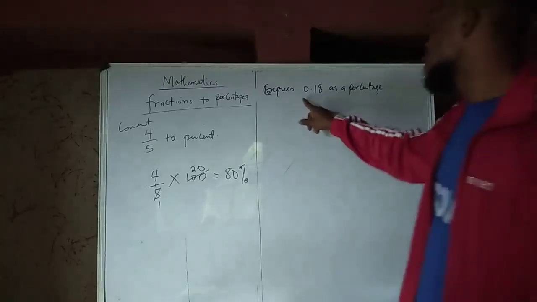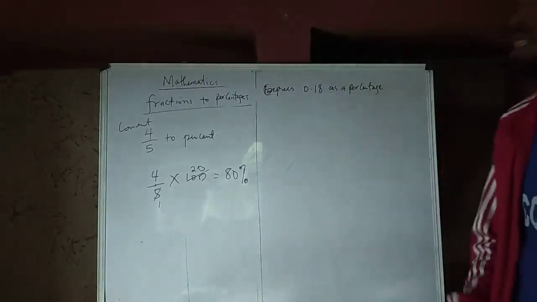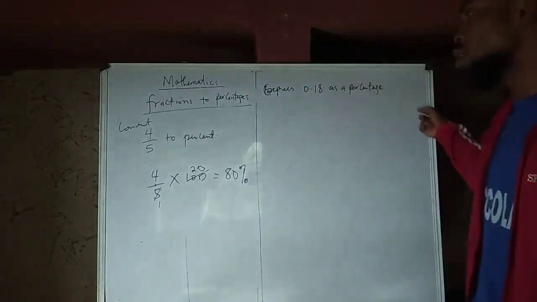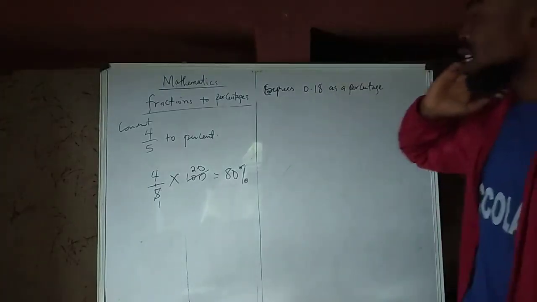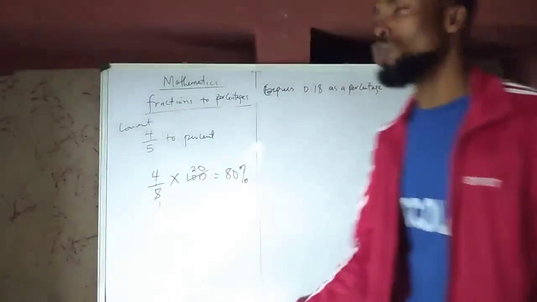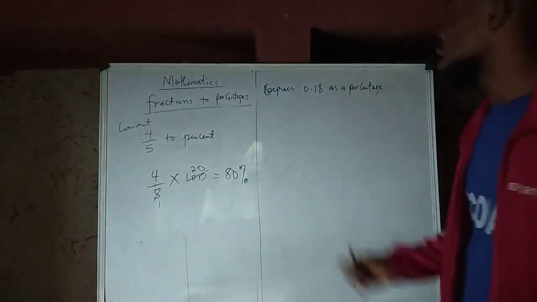They are asked to express 0.18 as a percentage. Now this is a decimal fraction. We have to convert it to percent, and this was an ordinary fraction which we converted to percent. So let's look at how this can be done.